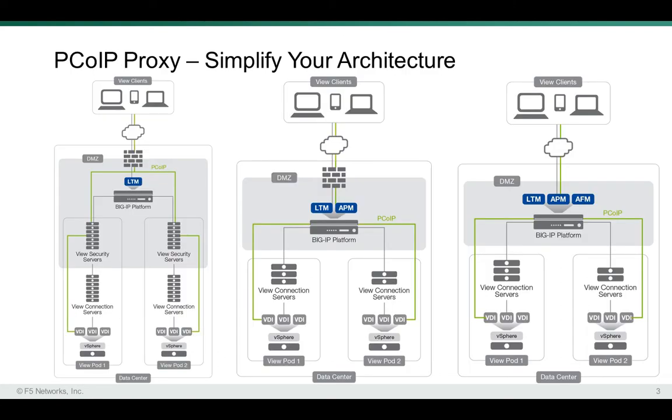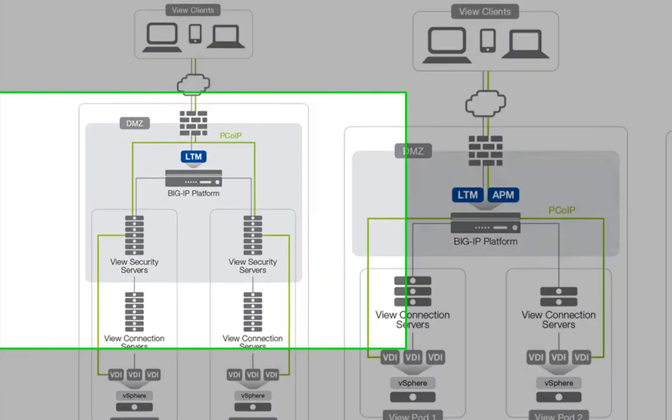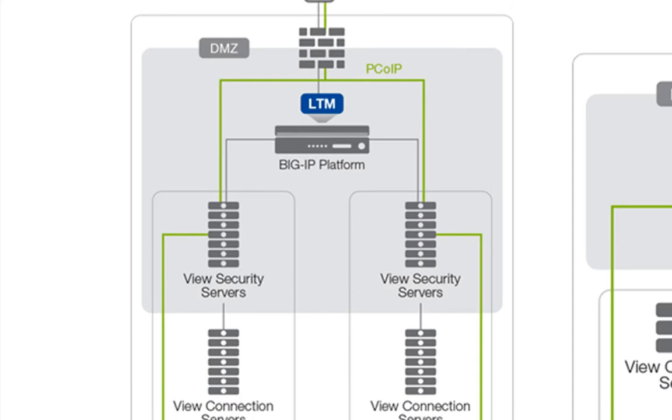So we've got a couple diagrams here, and we'll talk about those. Here on the left, the first diagram, you can see that we've got a traditional infrastructure with an LTM in the middle. So you've got your DMZ environment, you've got your LTM that load balances sets of View security servers. And you notice that we've got 2 View pods here. And we've got a lot of security servers.